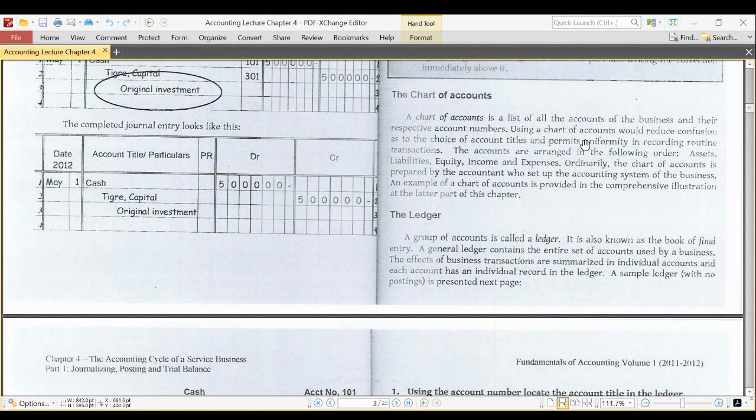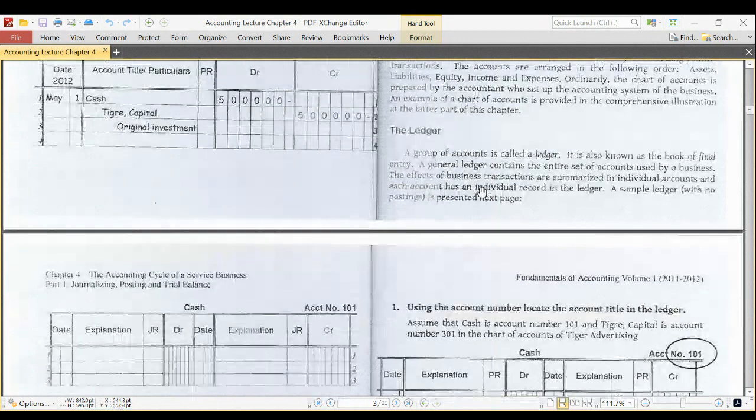Now, what is ledger? Ano naman yung ledger na to? Itong ledger is group of accounts. Kasi di ba kanina sa journal? Journal is a book wherein all the transactions are listed in a manner that we record the debit and the credit side of each transaction. Pag ledger naman, this is specific to an account.